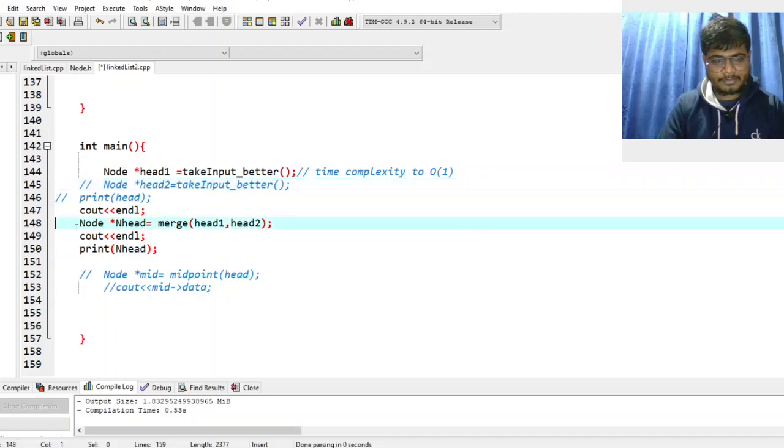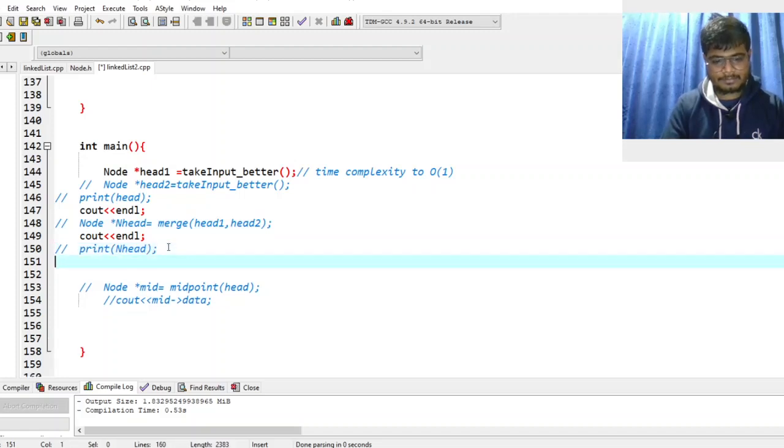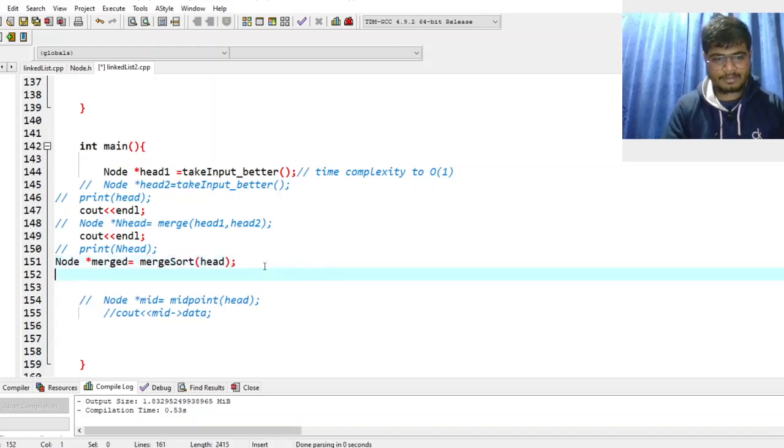I'll first call merge sort on head, which is going to be stored inside merged. And let me print the merged value.